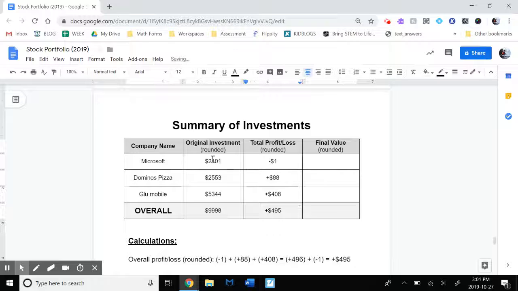For the final values for each company, this is their original investment, and they lost $1, so what's the new investment for that?